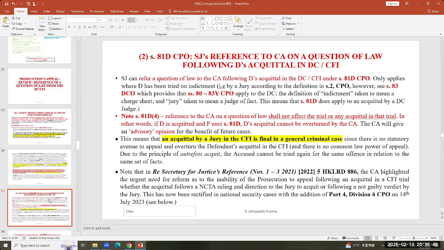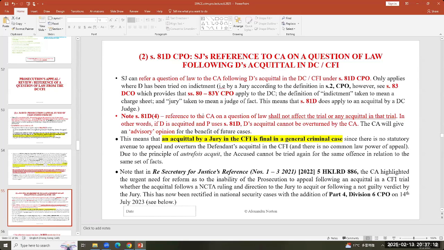If the defendant is acquitted in either the district court or the CFI, Section 81D provides that the SJ can refer a question of law to the Court of Appeal. This is not really an appeal. This is a reference on a point of law because it doesn't affect the original acquittal.